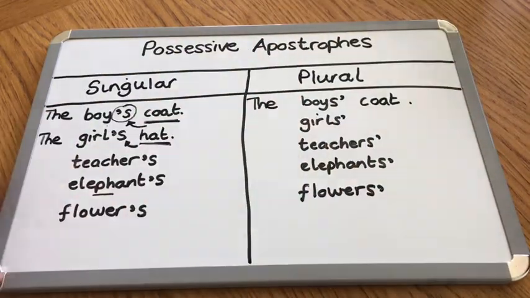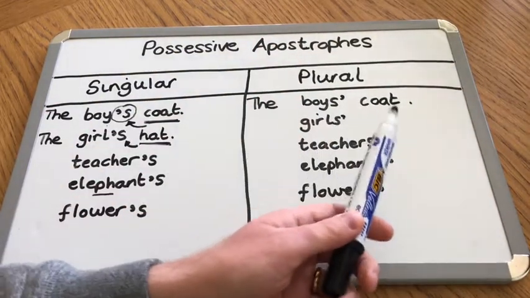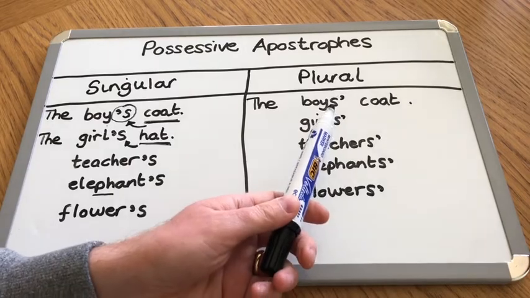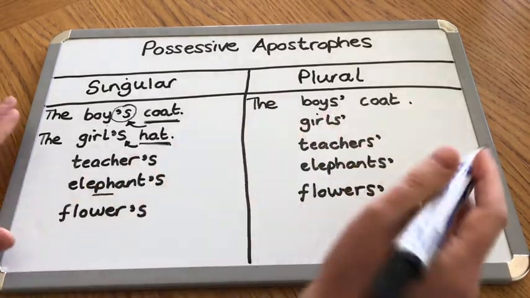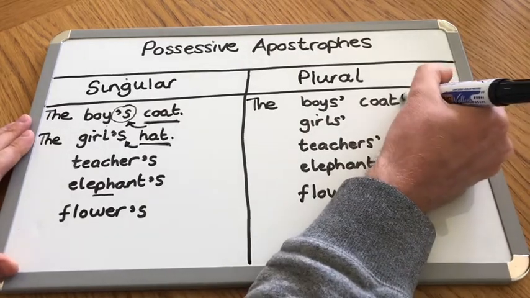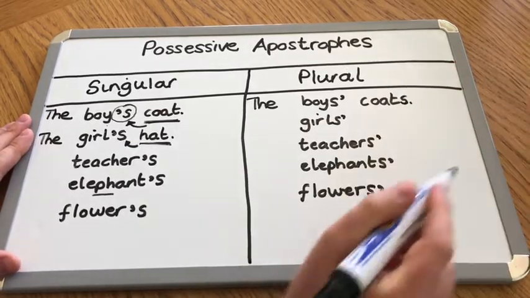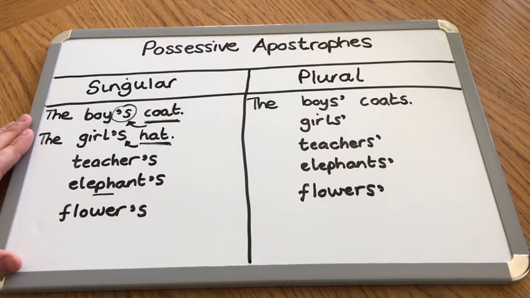Now if we left that sentence like that, the boy's coat, that means many boys own one coat. They share it. That's probably unlikely. So we need to add the plural spelling for coat, change to coats. The boys' coats, meaning those coats belong to those boys.